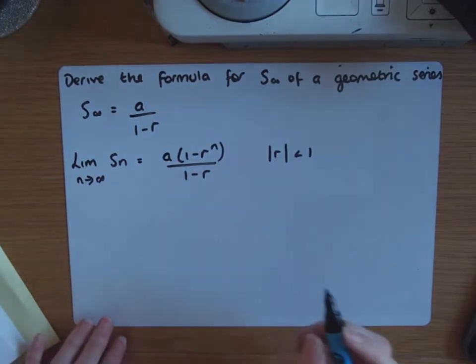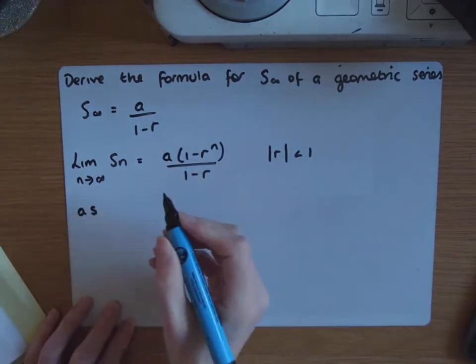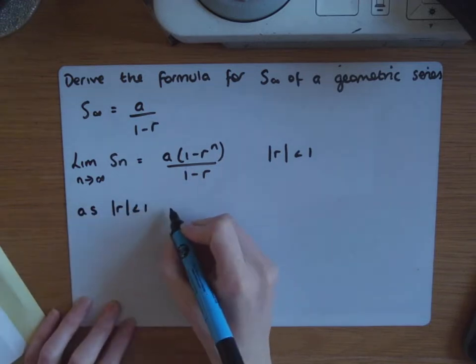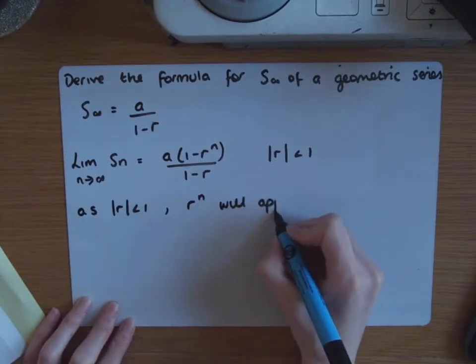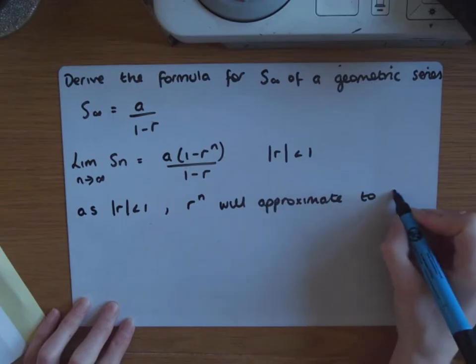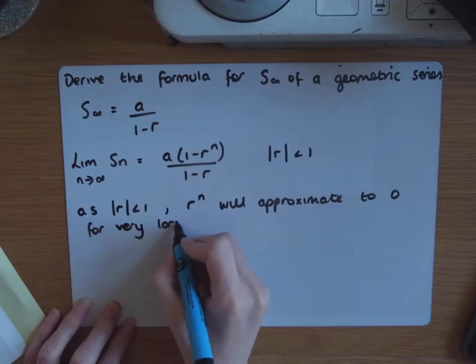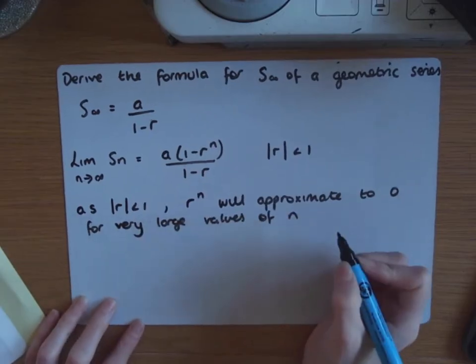Okay? So what we're going to do is write, as r is less than 1, r to the power of n will approximate to 0 for very large values of n.